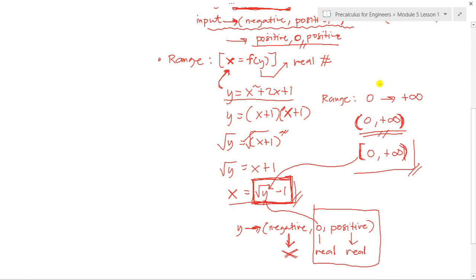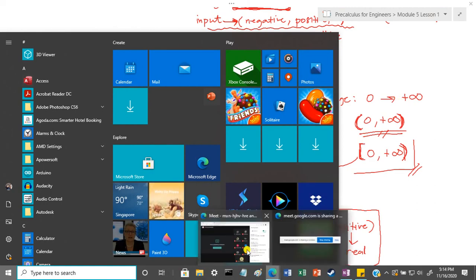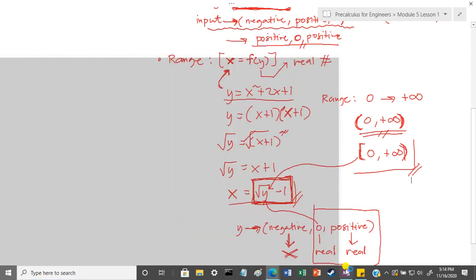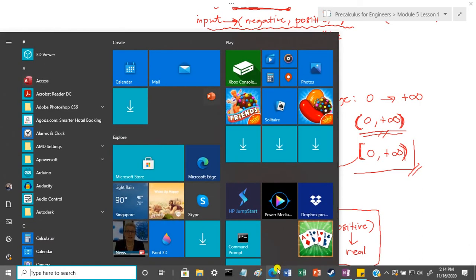Oo, pwede po na. Pero naay other statement pag representan nimo. You can also use the set of all. Unsa pa may lain ani? Akong giswa diri is ang range is from 0 to positive infinity. Naay usa ka word nga mo represent ana niya.